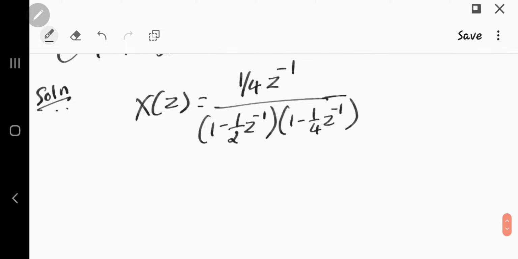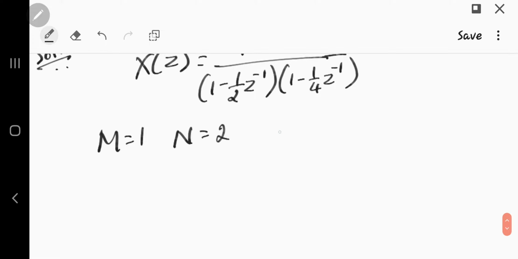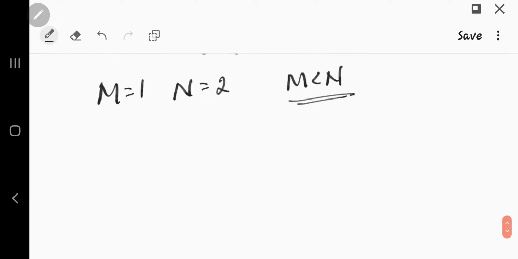So m is 1 and n is equal to 2, so m is less than n. We can apply the partial fraction directly.